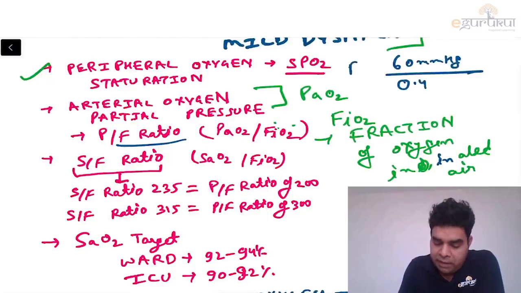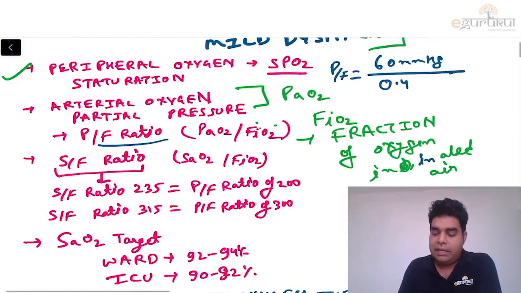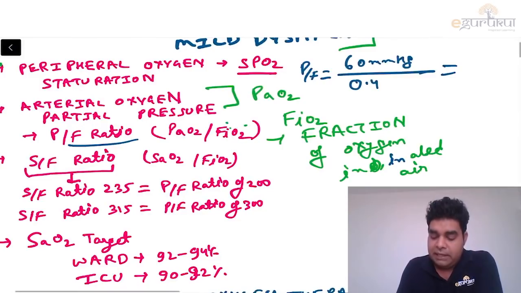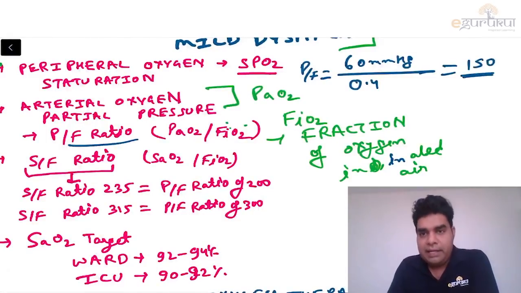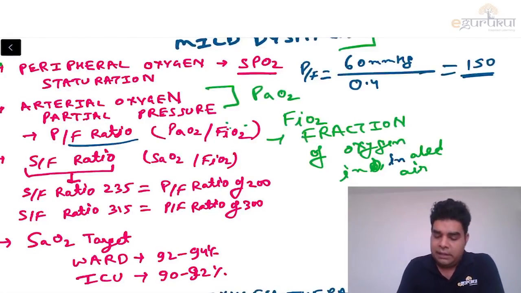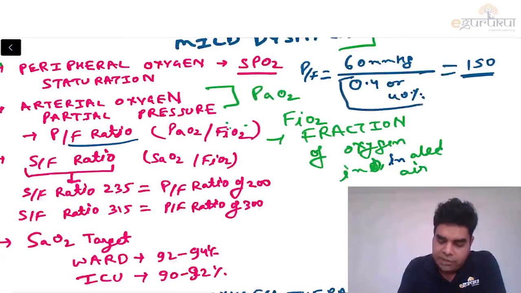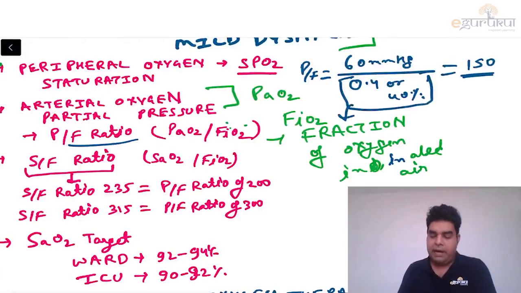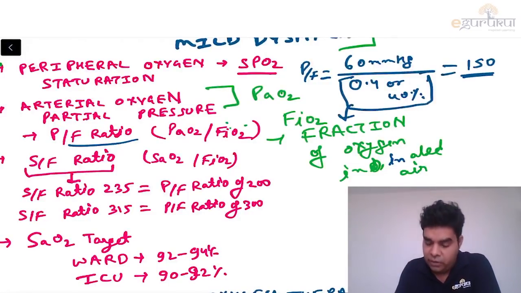So what will be the PF ratio in this case? In this case, the PF ratio will be 60 by 0.4, or it will be 150. Okay, simple. This 40% is the fraction of oxygen in the inspired or inhaled air.